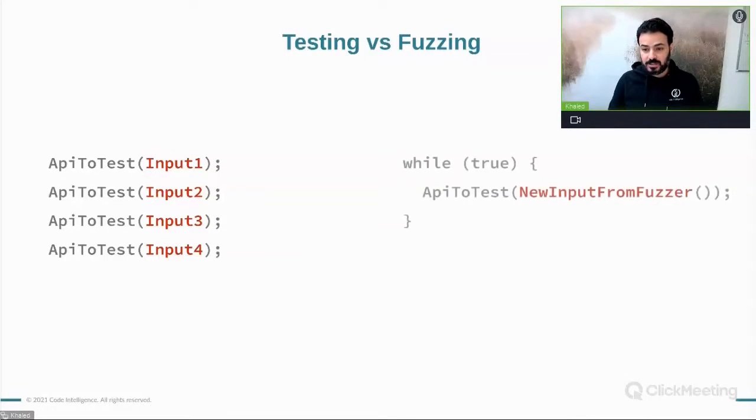With fuzzing, you can think of it as an endless loop. The fuzzer continuously calls the application or the API that I want to fuzz, and each time a new input is generated based on the feedback that the fuzzer has learned in previous iterations of the program, so that code coverage is maximized. This is just to give a mental comparison between fuzz testing and unit testing.